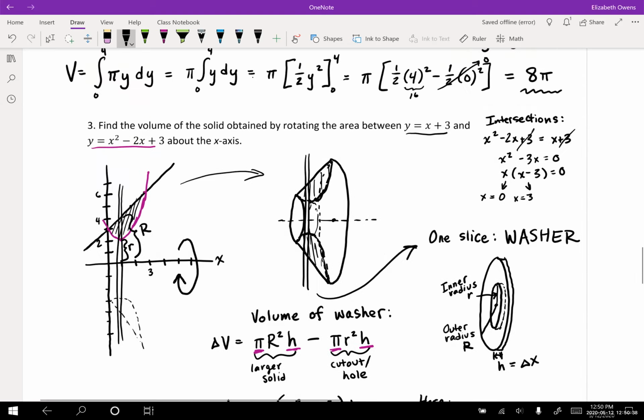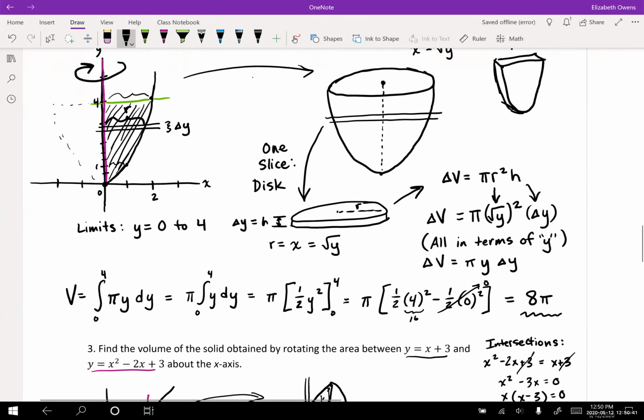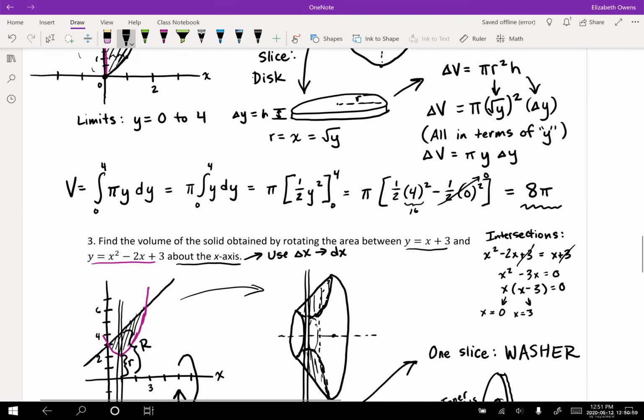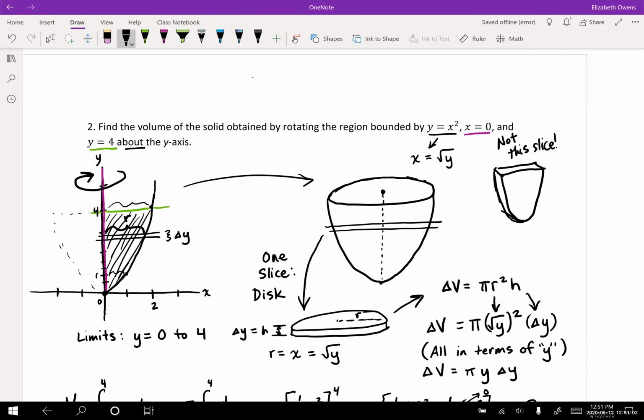One little tip for these: if you're rotating about the x-axis, you should really end up using delta x and integrating with a dx term. And if you have a problem like the one we just did, going about the y-axis, you're going to end up using a delta y and integrating with dy. So your variable of integration should match the axis that you're rotating around for these types of problems.